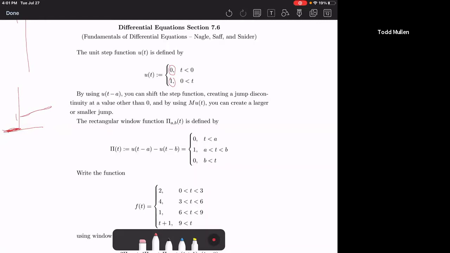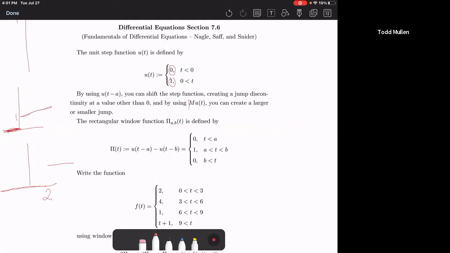By using u of t minus a, you can shift the step function, creating a jump discontinuity at a value other than 0. So for instance, we could translate it so that this discontinuity occurs at t equal to 2.